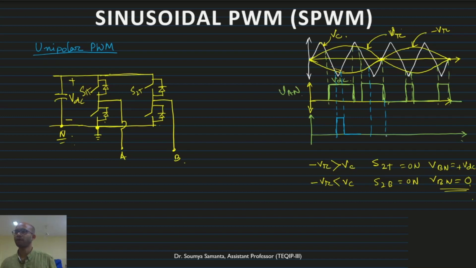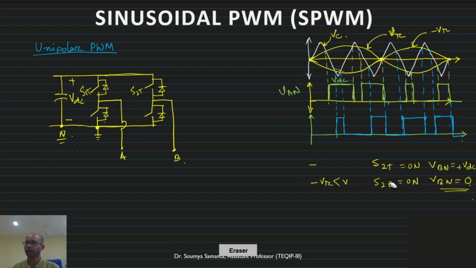This is the point where, again from here, in this complete path. So this is the PWM waveform.